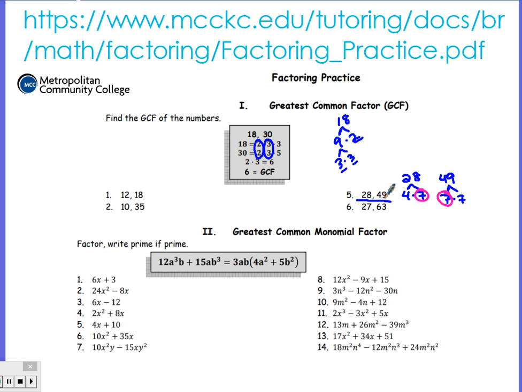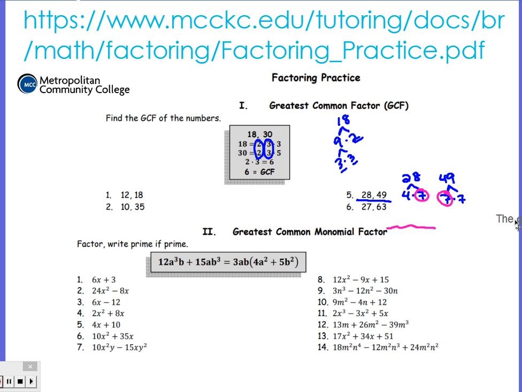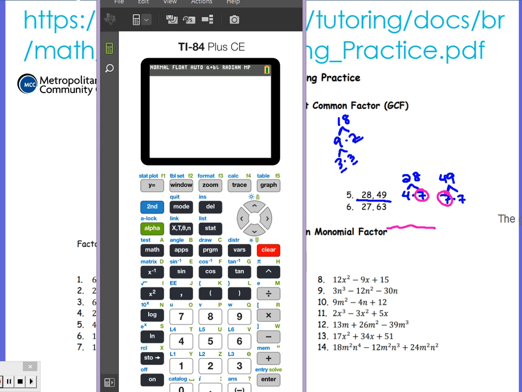Now the TI calculator has a feature called GCD. The GCD is a command that returns the greatest common divisor of two non-negative integers, so it does have some restrictions. It can't be negative integers. If you were to do that same problem, go to Math, then right to Numbers.